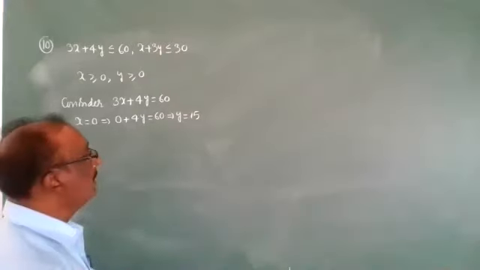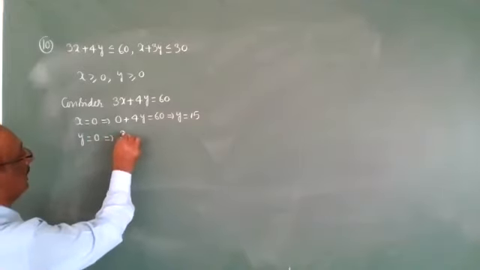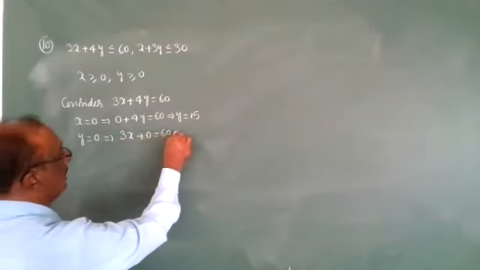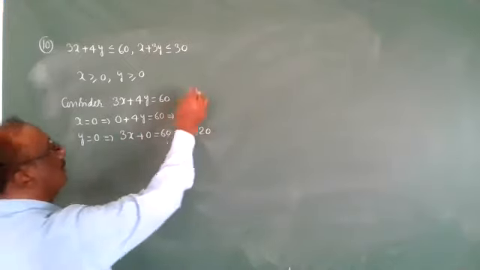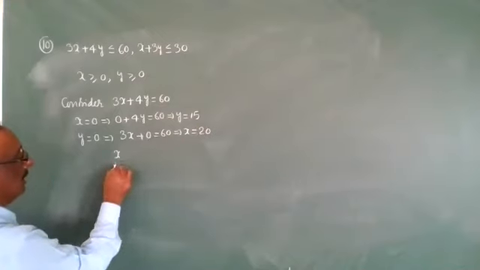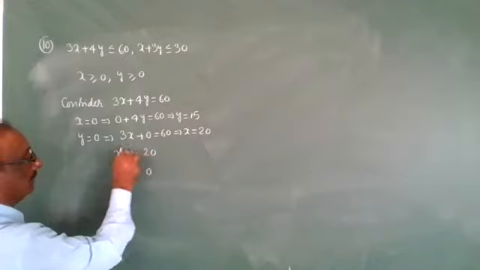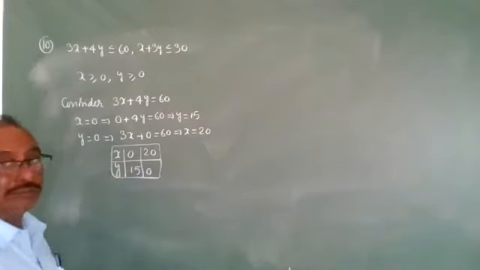Right. y is equal to 0: 3x is equal to 60, x is equal to 20. Everyone draw the table. x, y: x is 0, y is 15; y is 0, x is 20.